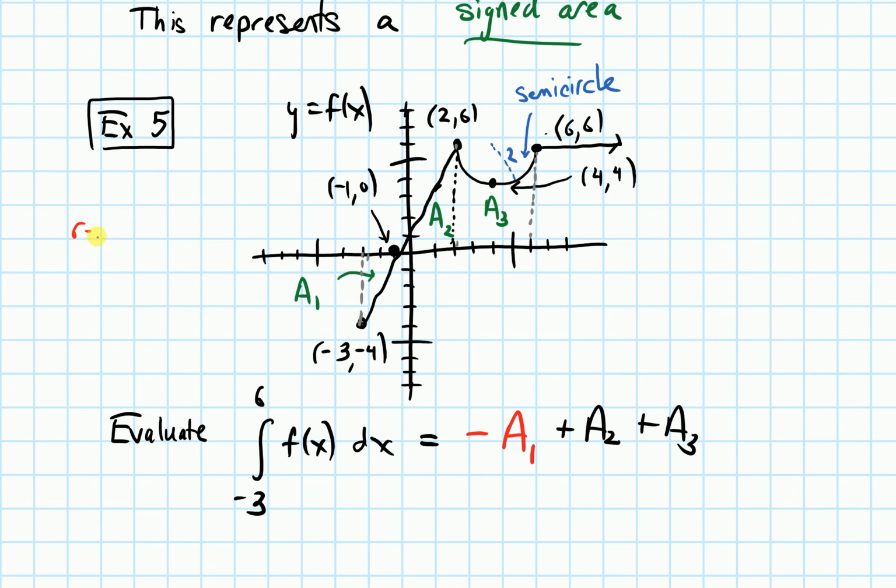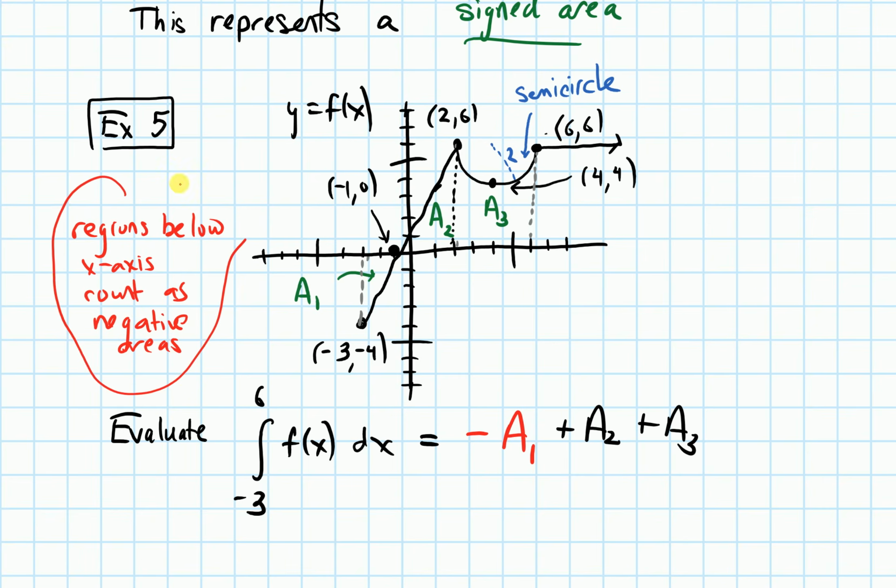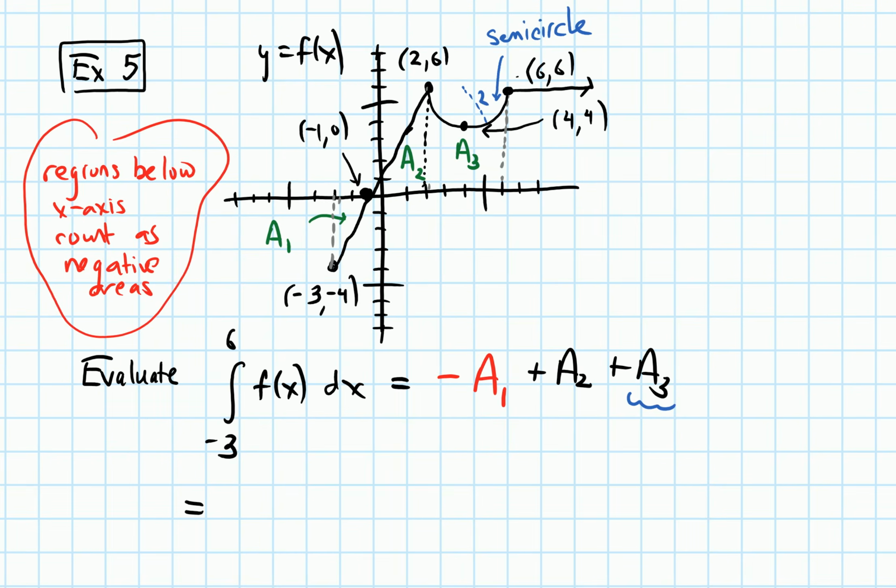So regions below the x-axis count as negative areas. For area 1, that one's easy because it's a triangle.